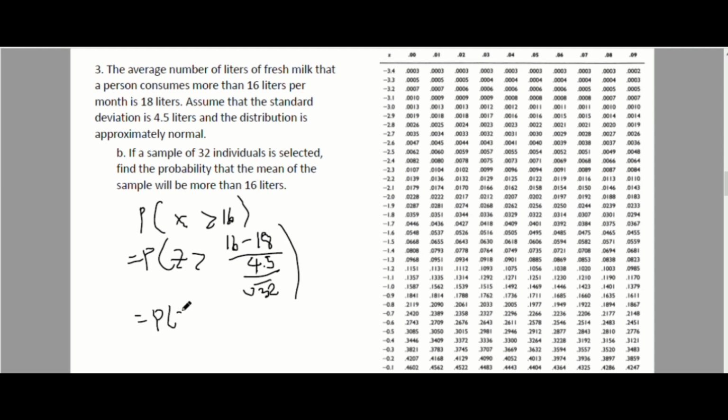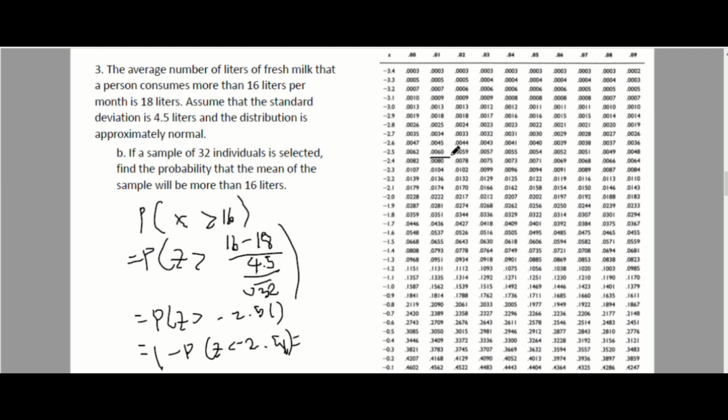So this is equal to negative 2.51. So this is greater than, so we have 1 minus P of the area to the left of negative 2.51.